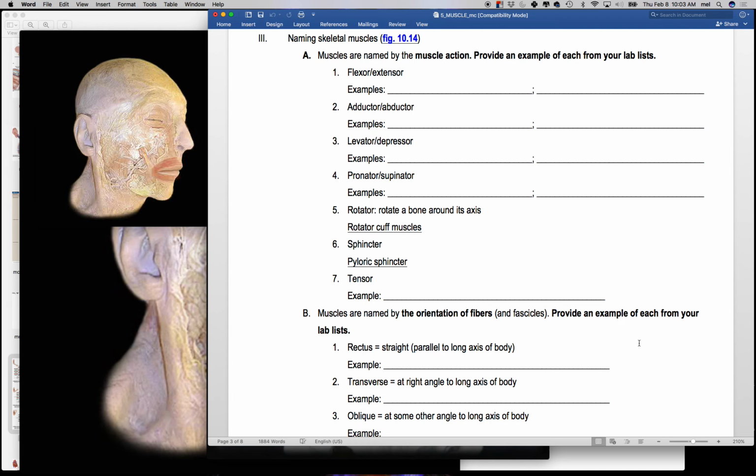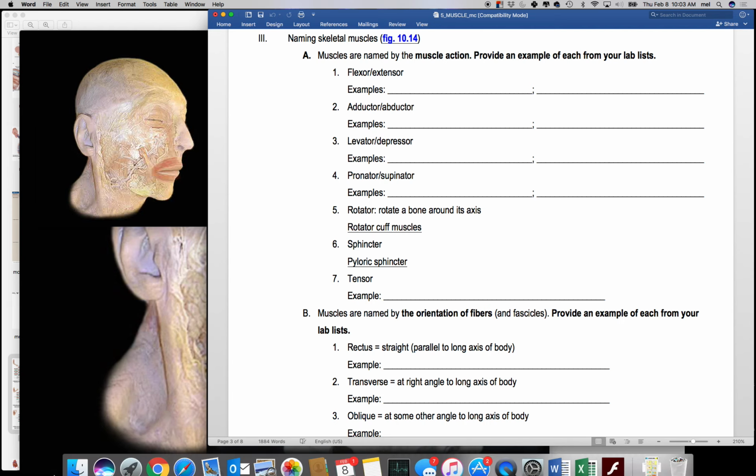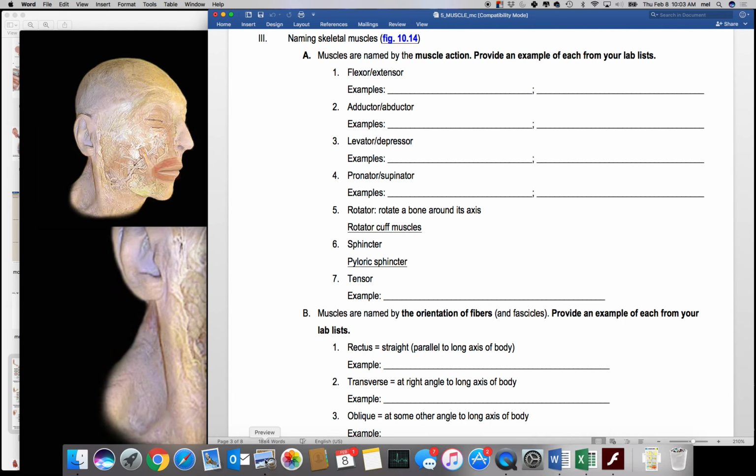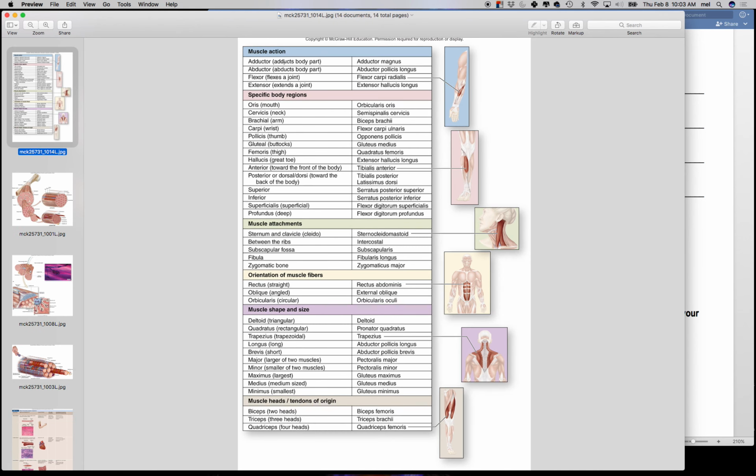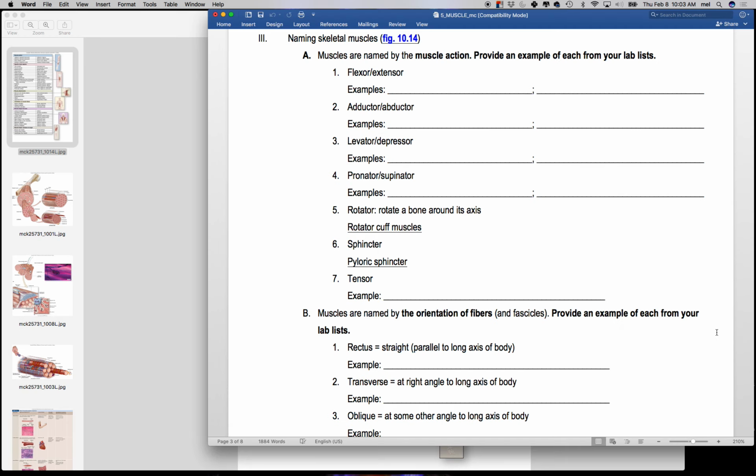Okay, so first thing is to acknowledge that when they were naming muscles, they didn't come up with a single naming convention. Muscles are named several different ways. So today we're going to get to the point that we can look at the name of a muscle and pull the information out of it. Like, what is that muscle telling you, right? That make sense?